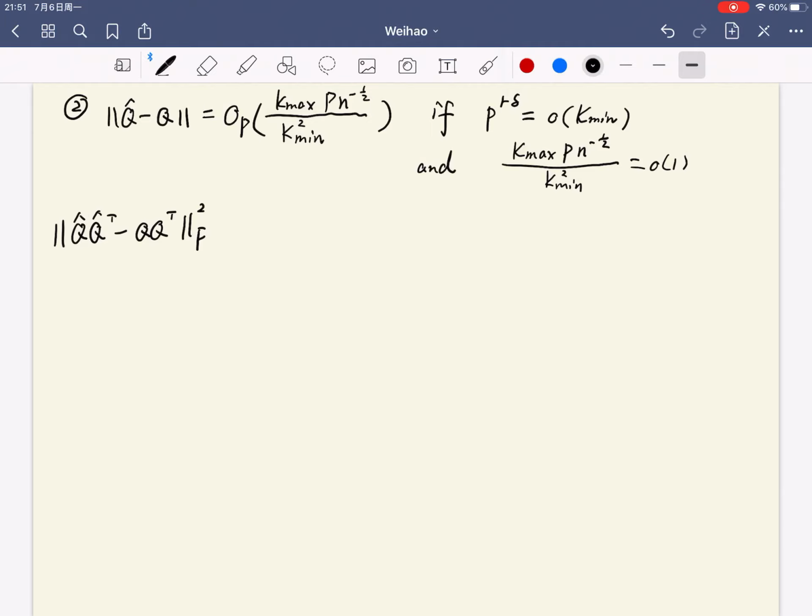But in our case, we give the bound directly to the parameter Q in L2 norm, because we assume the r eigenvalues are distinct. Otherwise, we need to bound in the format of the difference between two eigenspaces.